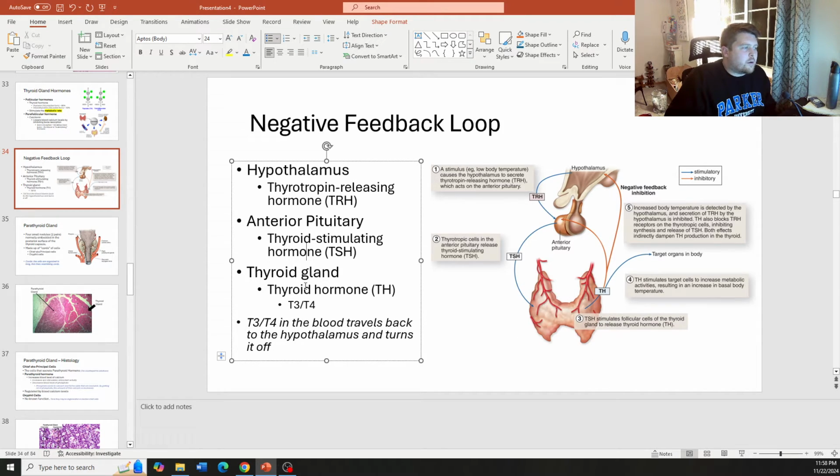And then the thyroid produces the thyroid hormone, T3 and T4. With the T3 and T4 released into the blood, it circulates and makes it back up to the hypothalamus. The hypothalamus sees, okay, we've got thyroid hormone, we're good. And then it stops secreting the thyrotropin releasing hormone.